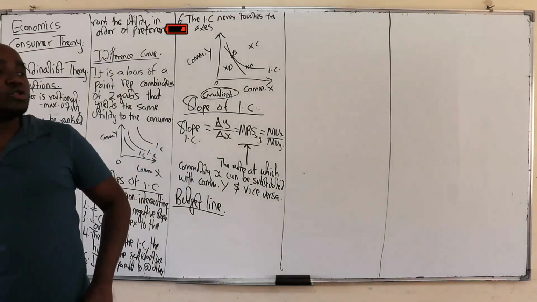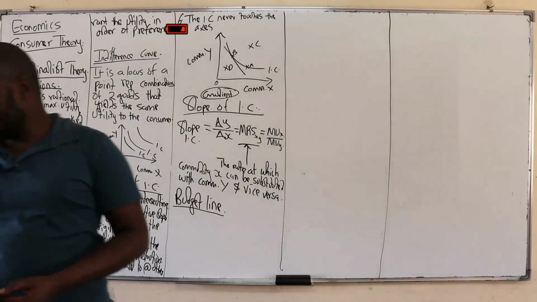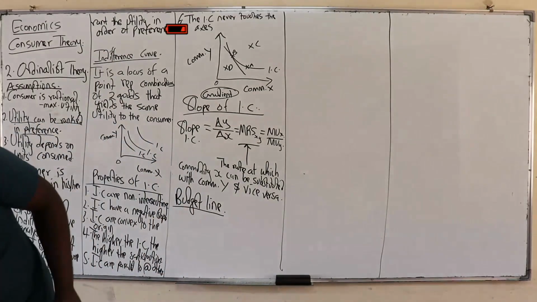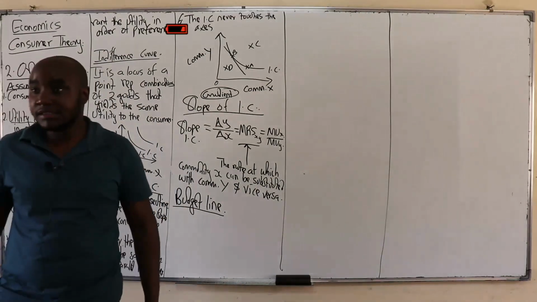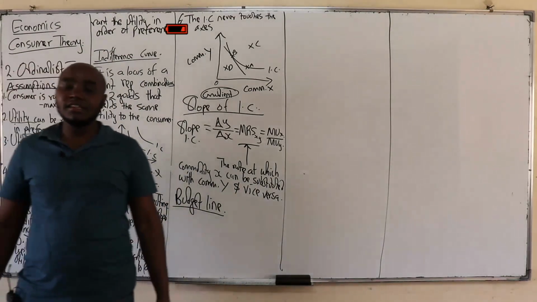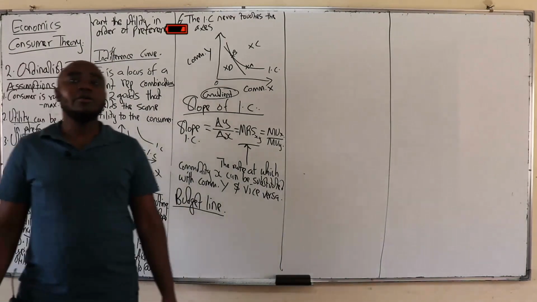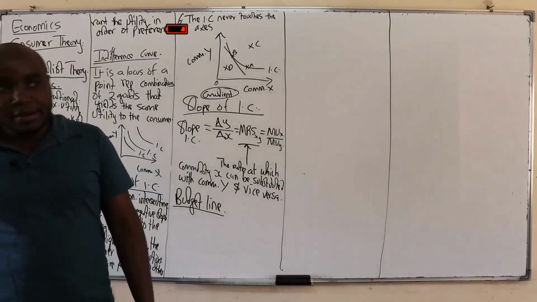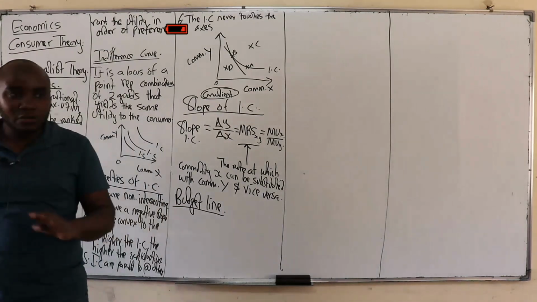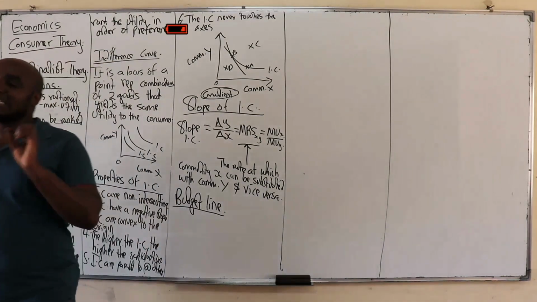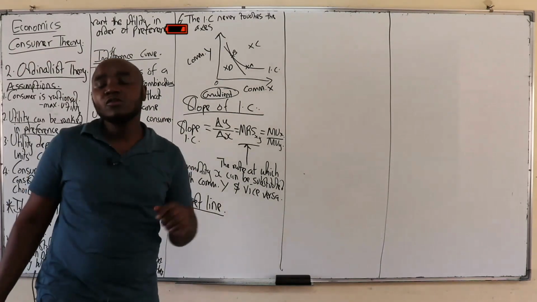Before you go shopping, people usually write a budget, is it? They say, I have probably 3,000, so I will only spend 3,000 or less than that, not more. Are you together? That's the budget line. It's your level of consumption.